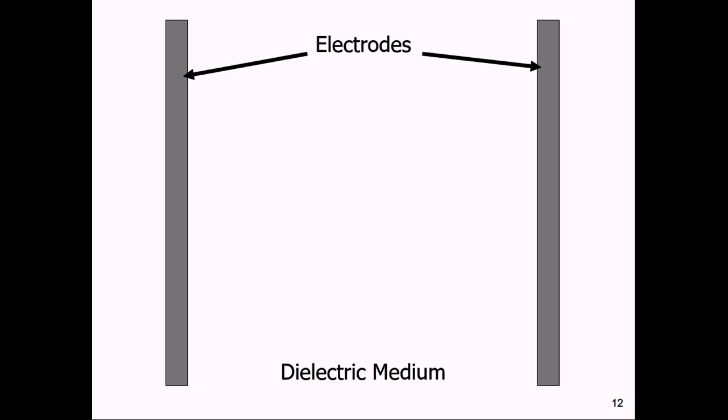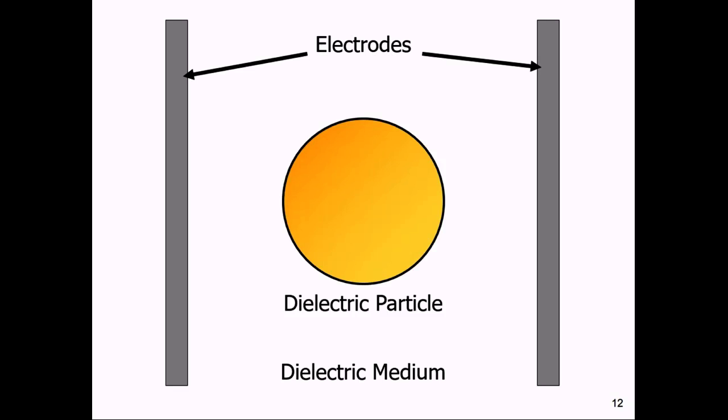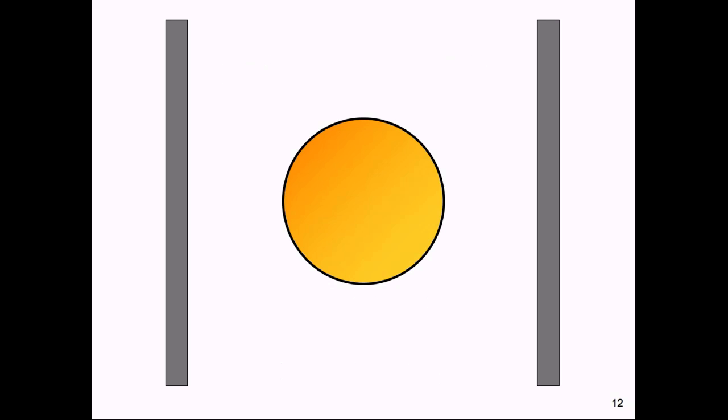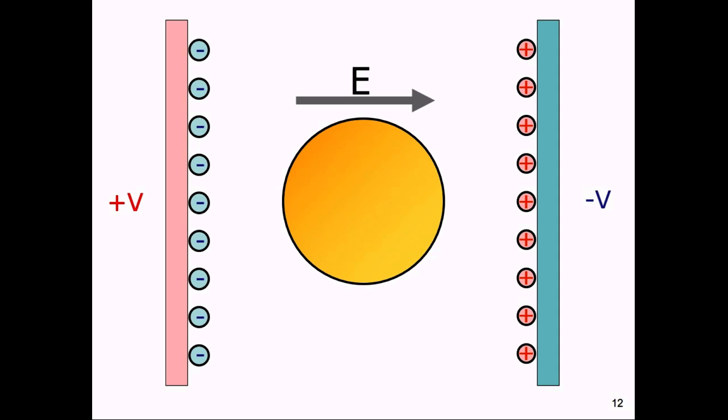So let's say, just to put this polarization and the mobility of ions into some illustrations, that you have some electrodes, a dielectric medium, and a dielectric particle, and then at some instant in time there is a charge associated with these plates. You have your electric field, and then you have ions within the medium and ions within the particle that will respond. There will be shielding on the electrodes.